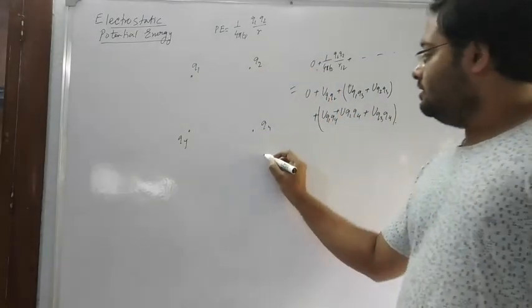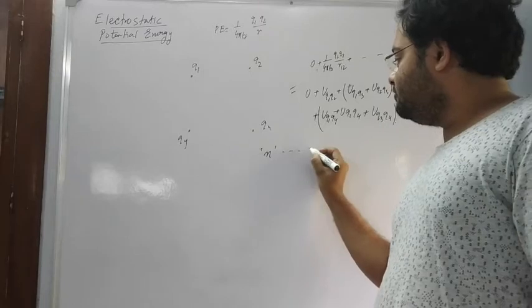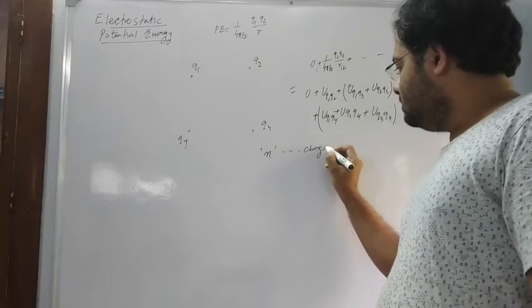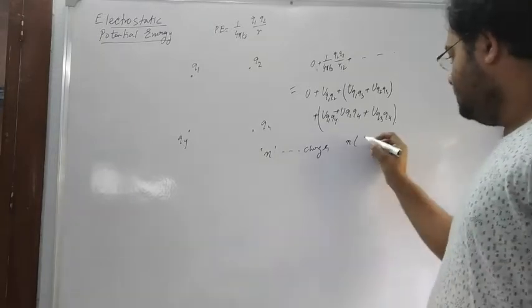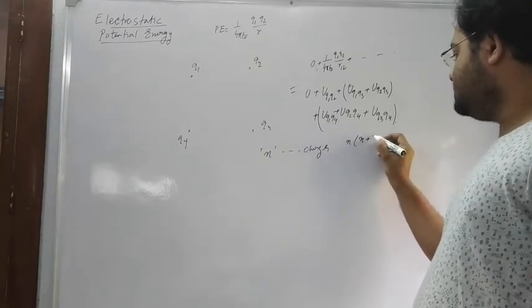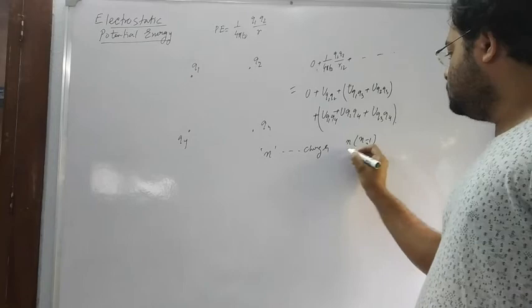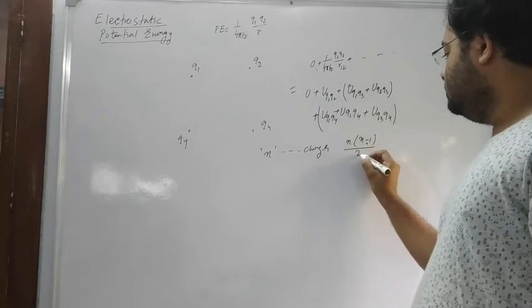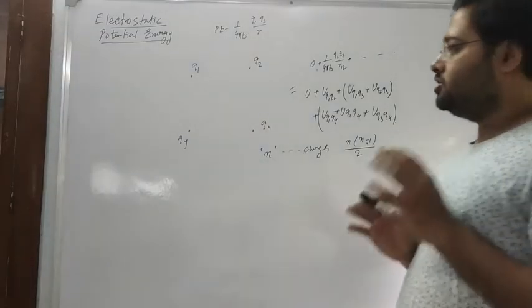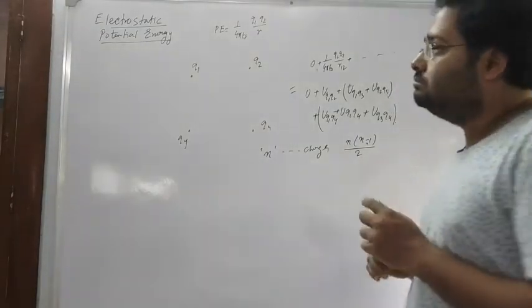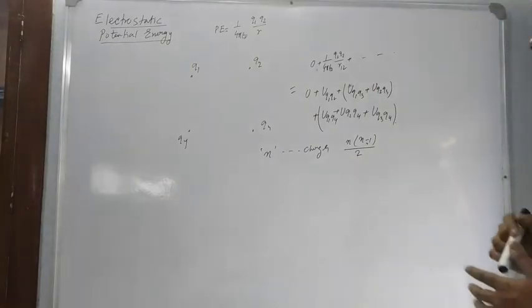And in general, for n number of charges, there will be n, yeah, you guessed it correct, n minus 1 divided by 2 terms. This is a simple combination problem. So be very cautious while calculating the total electrostatic potential energy of a system.